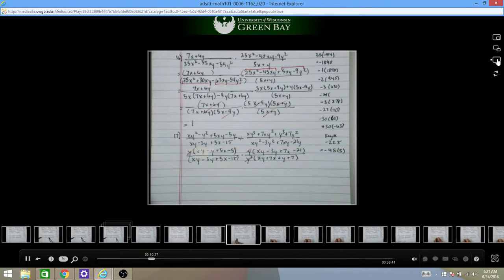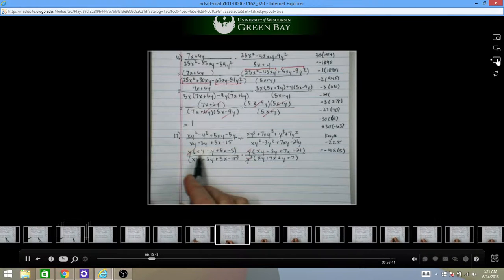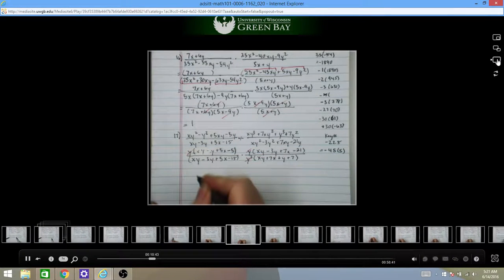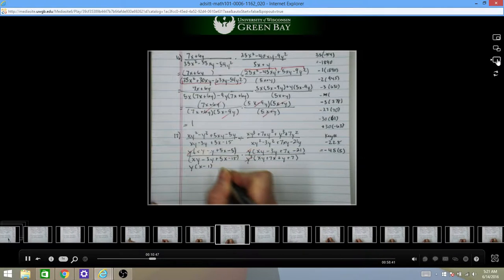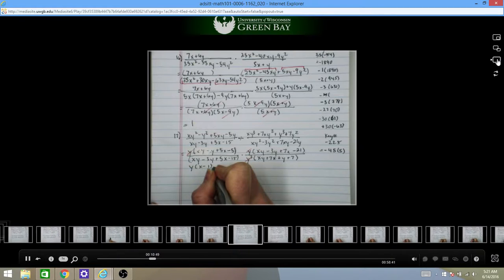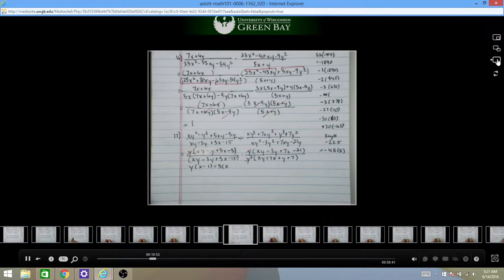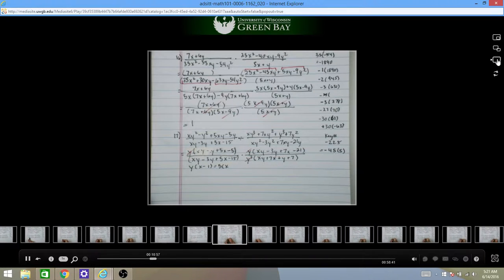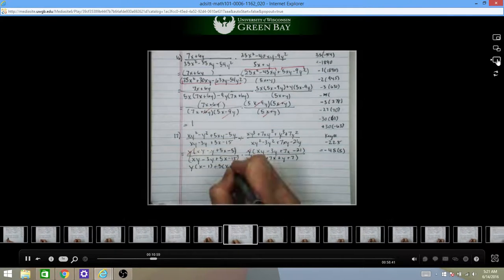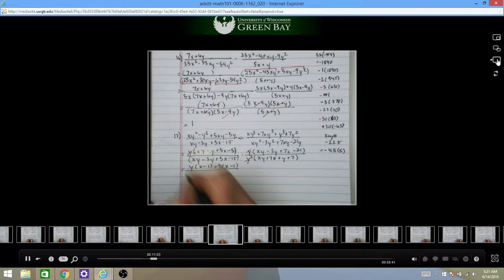4 terms here. Okay, so the greatest common factor on the first 2 terms is y. Greatest common factor on the second two terms is 5, which is plus, not equals. In the denominator, the greatest common factor on the first two terms is y, and on the second two terms, 5.